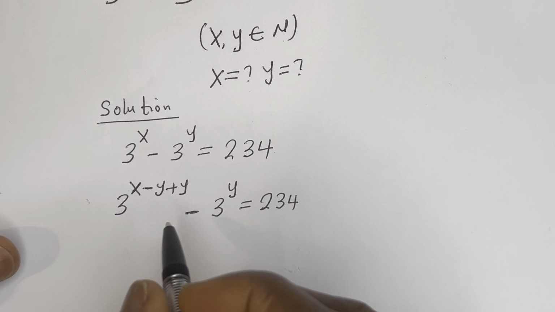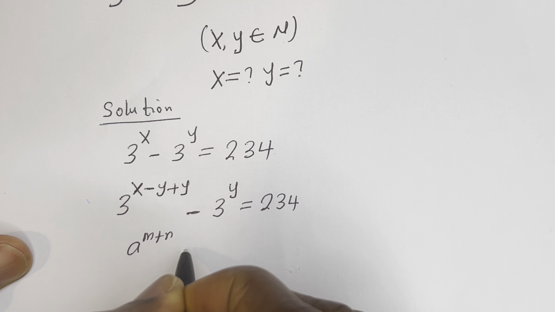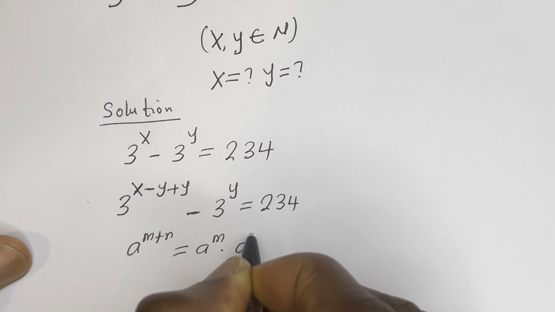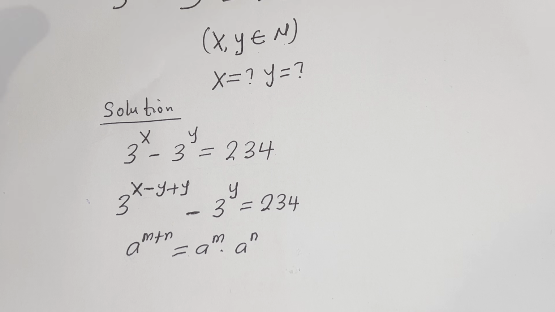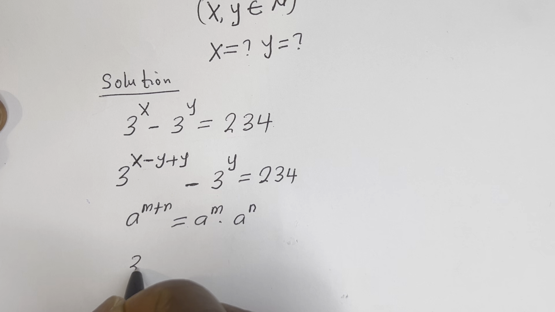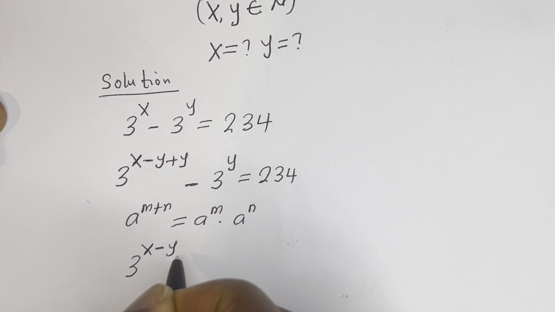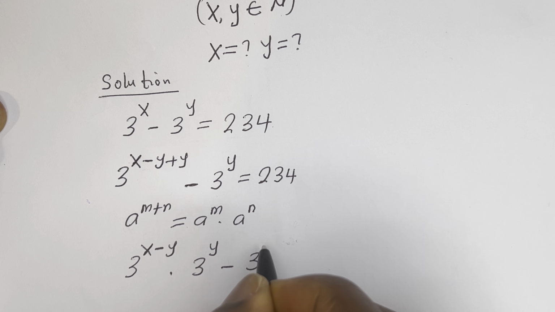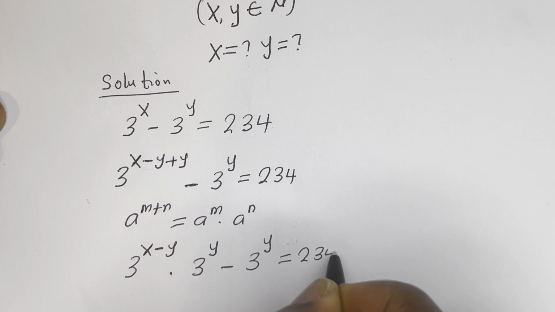Take note of this, that if you have a to the power of m plus n, this is equal to a to the power of m multiplied by a to the power of n. Then this can be written as 3 to the power of x minus y multiplied by 3 to the power of y minus 3 to the power of y is equal to 234.